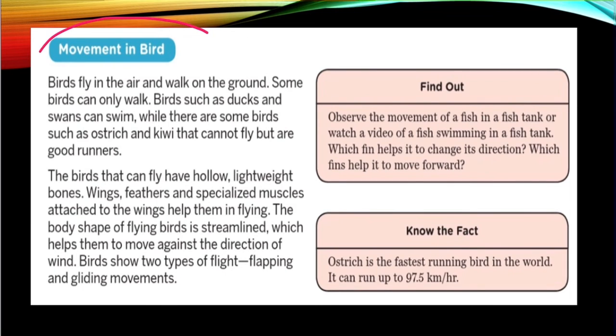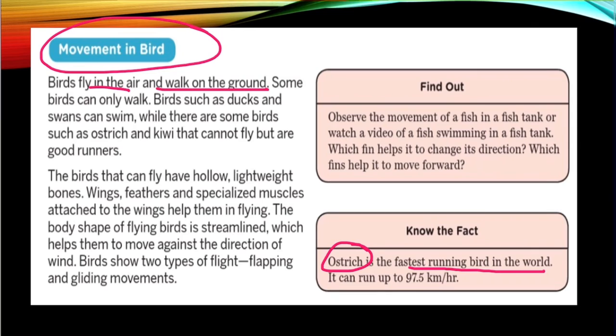Now, movement in birds. We all know that birds can fly in the air and even walk on the ground. Now here comes the question: some birds can only walk. Why can they only walk? Being a bird, they cannot fly. Why? You know that the ostrich is the fastest running bird in the world.